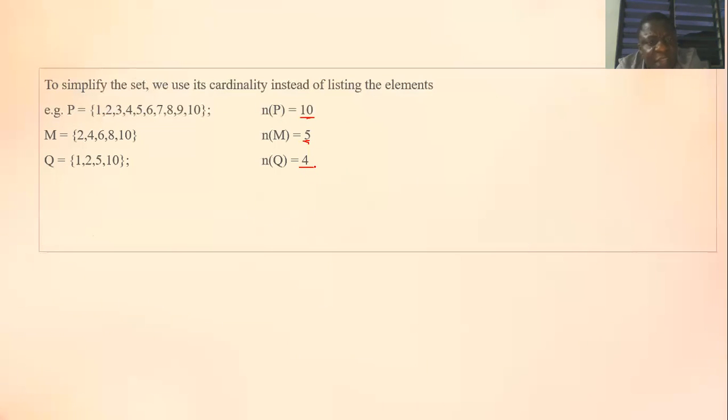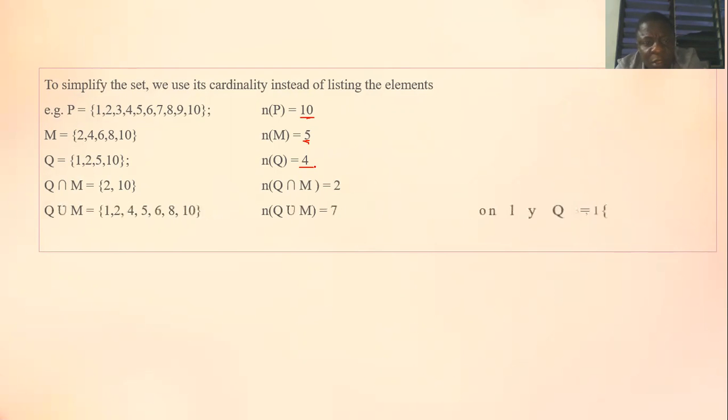So instead of listing the members, we can use this cardinality or the number of elements to represent the elements in the various regions of the Venn diagram. So respectively, the union of Q and M is this, which is equal to 7. The intersection contains 2 and 10, which is equal to 2 elements.